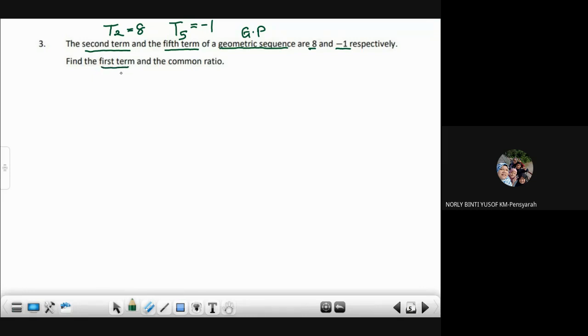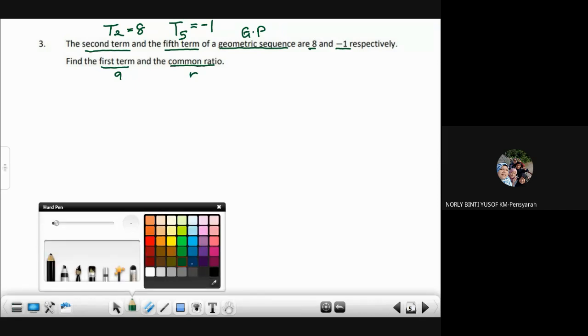So find the first term and the common ratio, R, not D, because it's geometric.